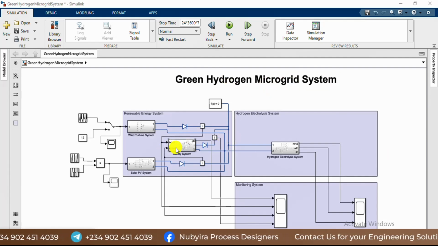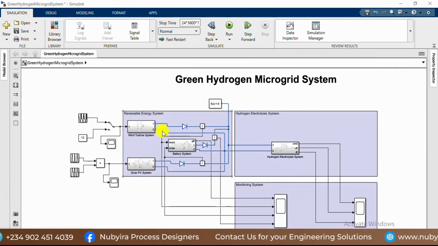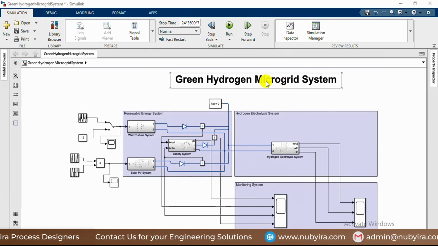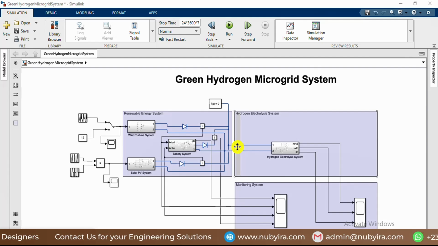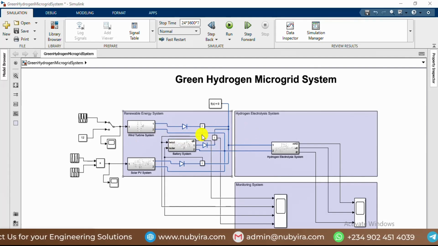If you check this model, you can see the reference for the microgrid system in MATLAB and some other model systems. So I used it to develop this model.